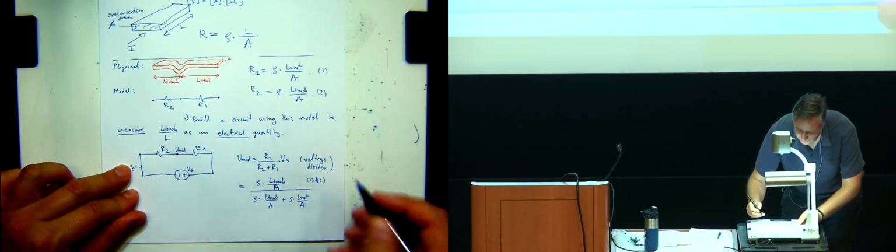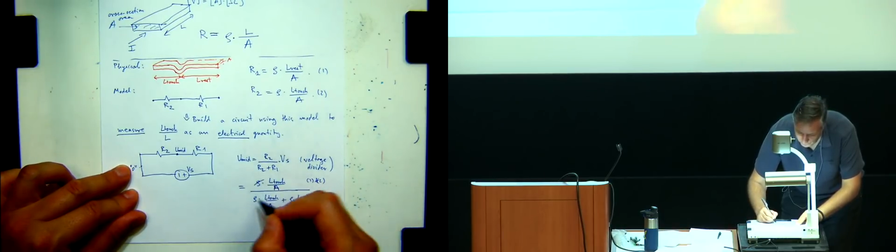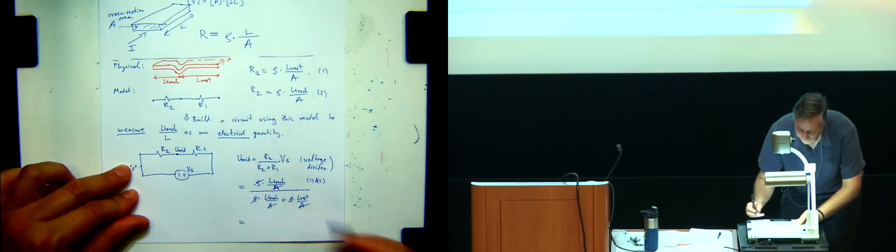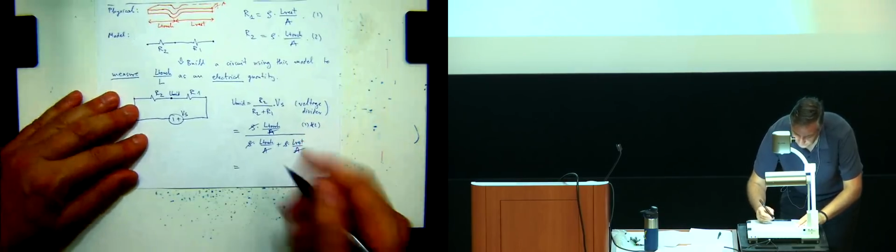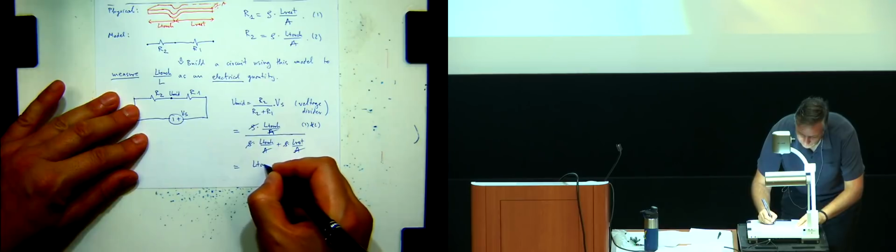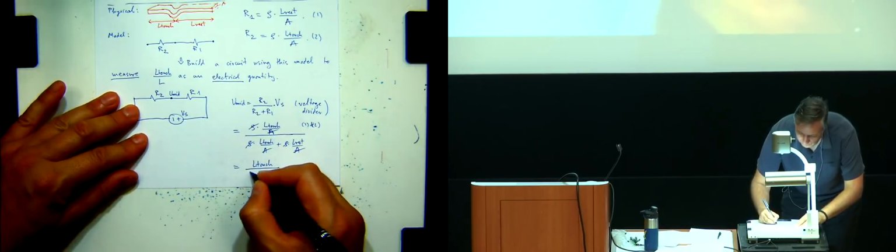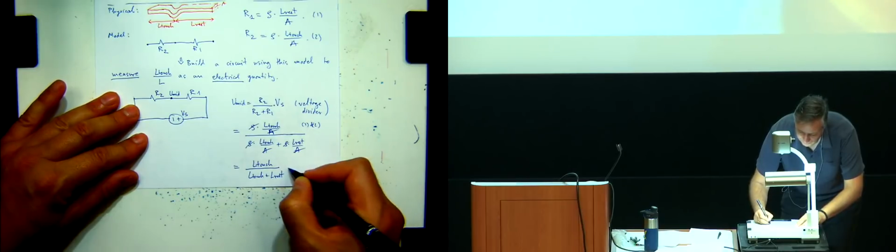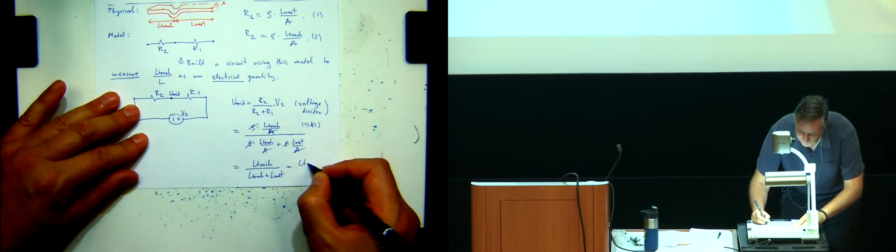Okay, so rhos go away, A's go away. And then I get L touch over L touch plus L rest. And that equals to L touch.